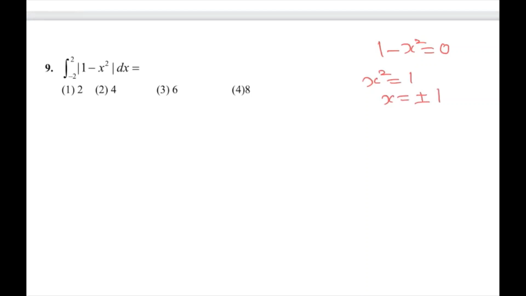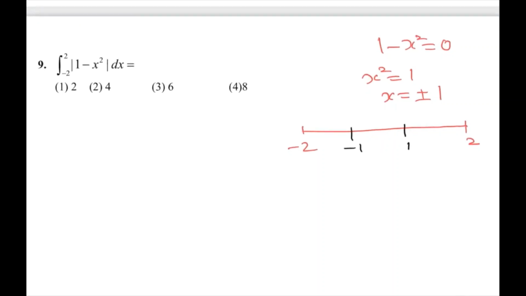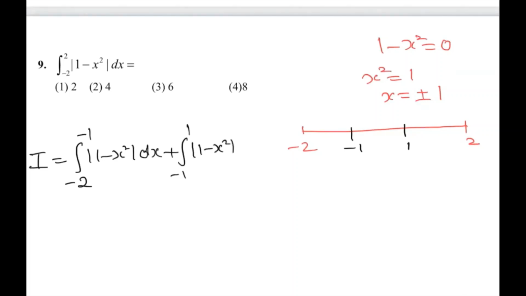So you can split the integral from minus 2 to 2 into first minus 2 to minus 1, and then minus 1 to 1, and then 1 to 2. So this takes the form integral minus 2 to minus 1 mod of 1 minus x square dx, and then minus 1 to 1 mod of 1 minus x square dx plus 1 to 2 mod of 1 minus x square dx.